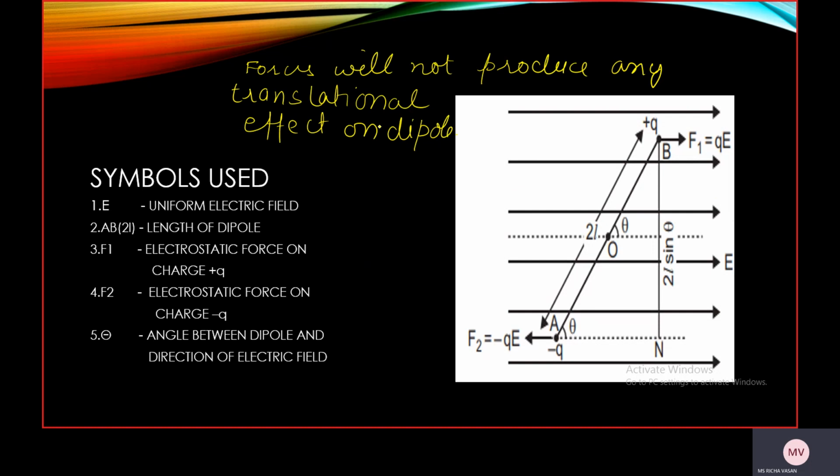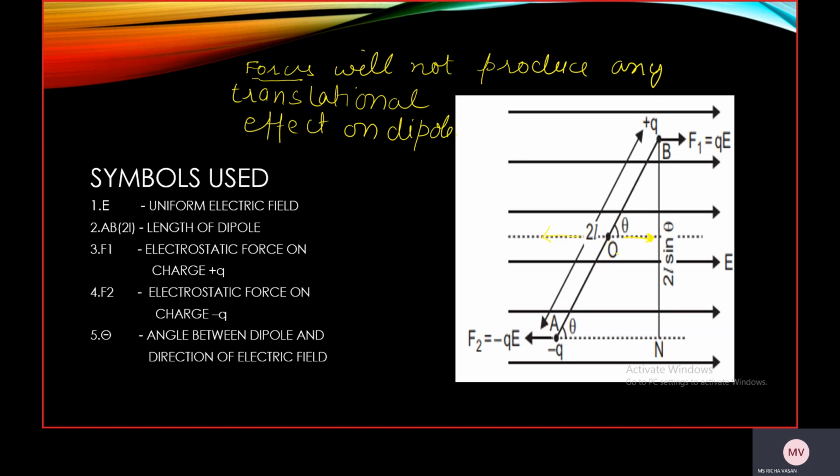This means that forces will not be able to displace the dipole from its position. They will not be able to move it in any of the directions. The dipole will be stationary at its point, right? So the forces acting on the two points of the dipole are equal and opposite in direction, so their net force is 0, and there will be no displacement of the dipole in any direction.